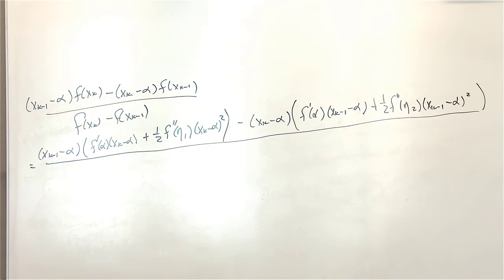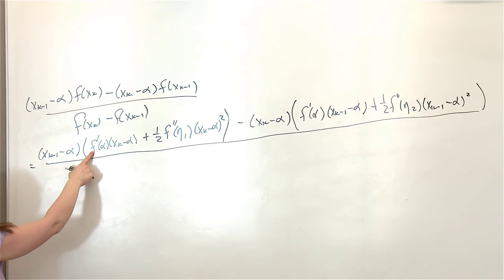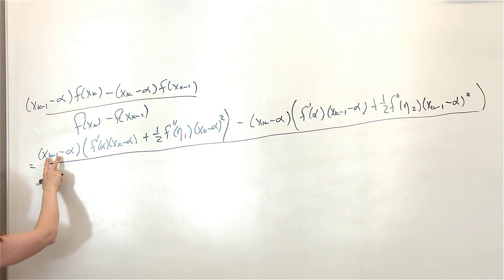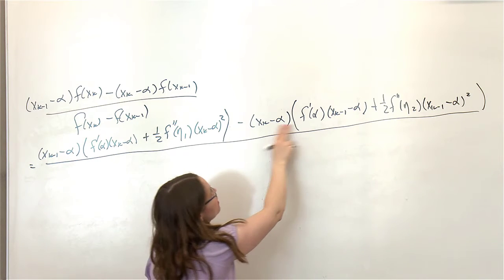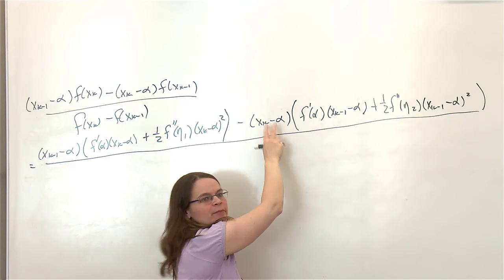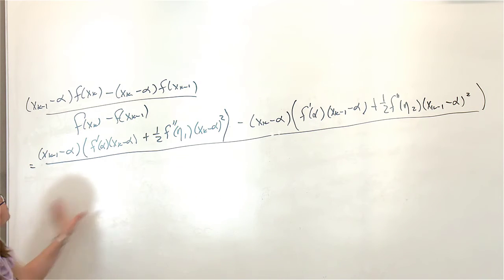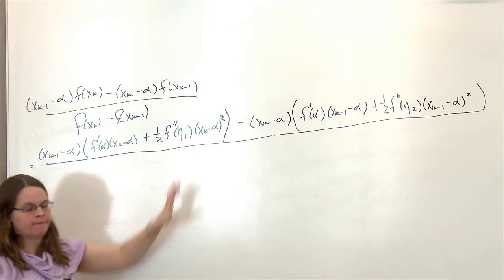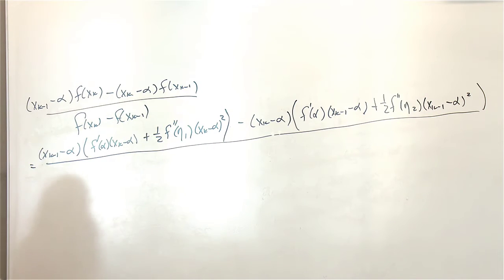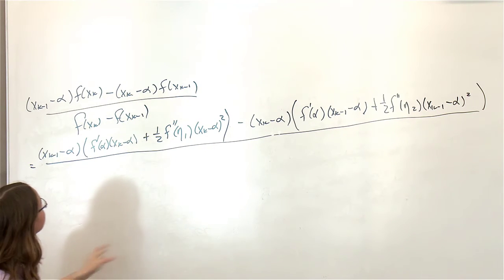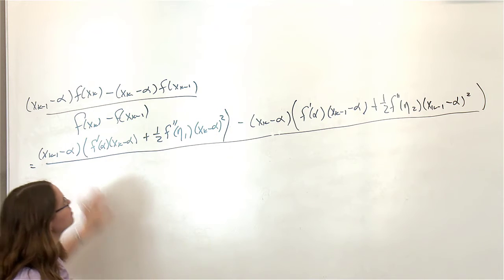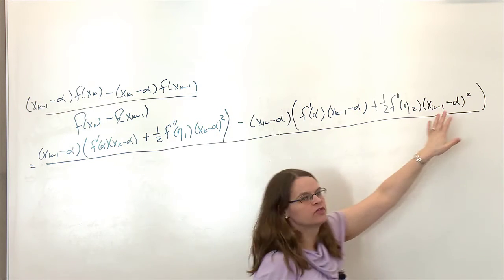And now I have some like terms that will cancel, exactly. Right? So here I have, what is going on with my f prime alpha? It's multiplied by an old error and a really old error, minus. And here it's, again, multiplied by an old error and a really old error. So those go away. So whatever's left is going to live in this second derivative, right? Which now involves, okay, this squared times this, and now this times this squared.